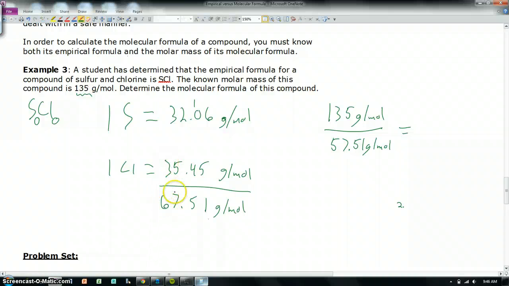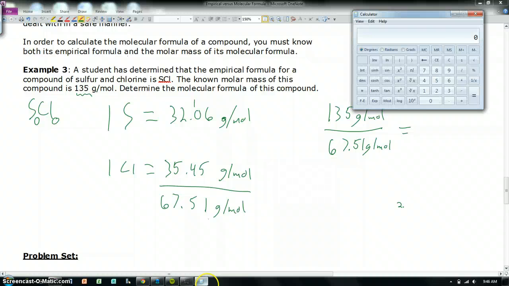So this should be 67. Right? And this should be the answer to my problem. Okay? So these are types of things you need to be looking for. You should be getting a whole number as your final answer. So be careful with all these calculations.